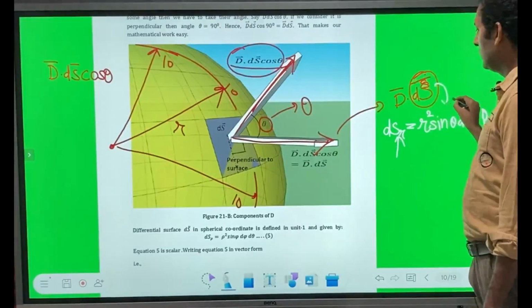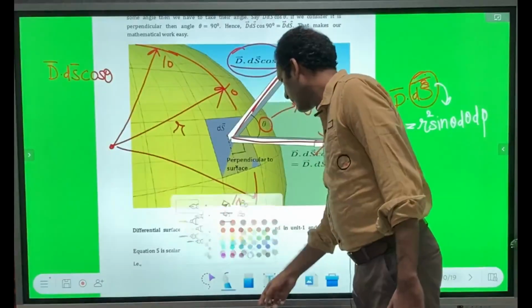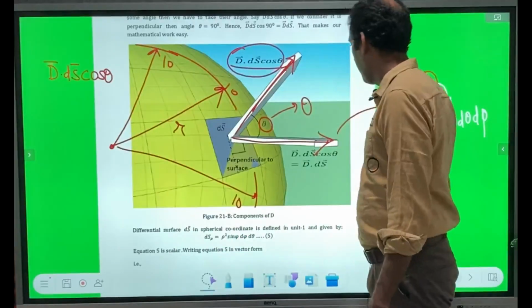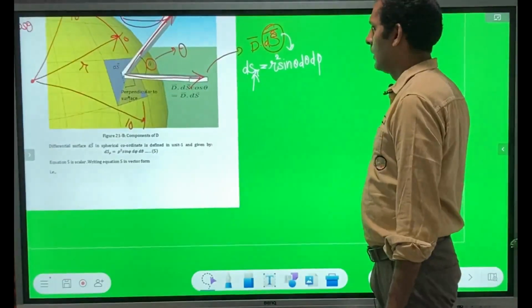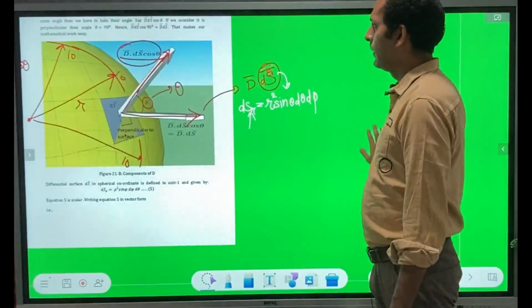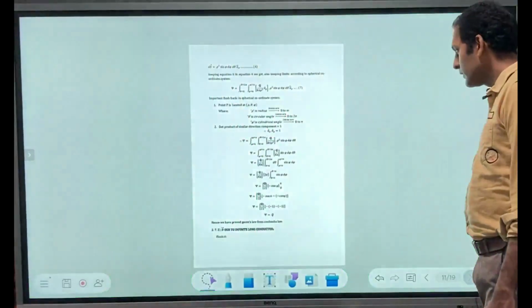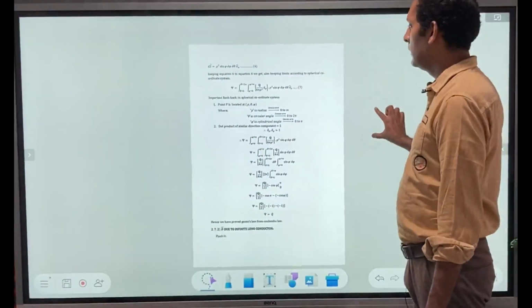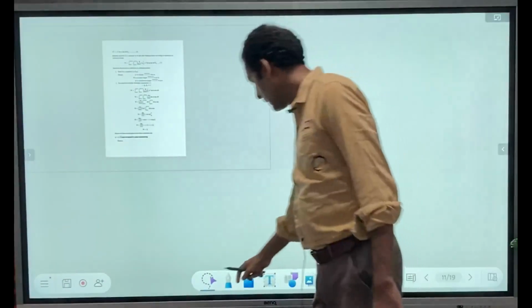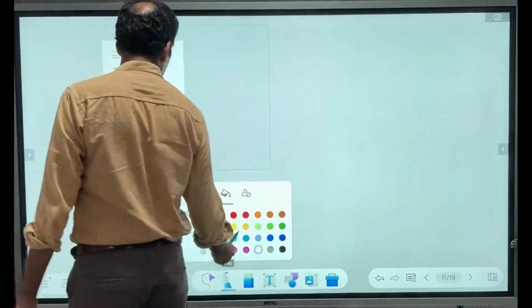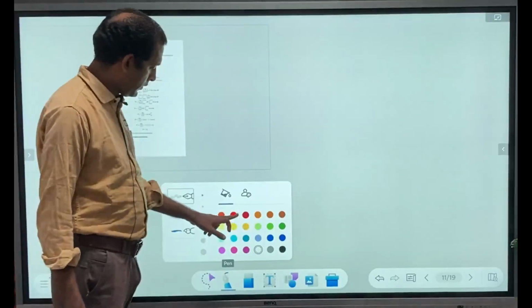Now in this case, this is the dS bar. Okay, so let us further derive this expression. So let us see the steps. Let us keep them in the formula and let us do some mathematics for the proof of Gauss law from point form.